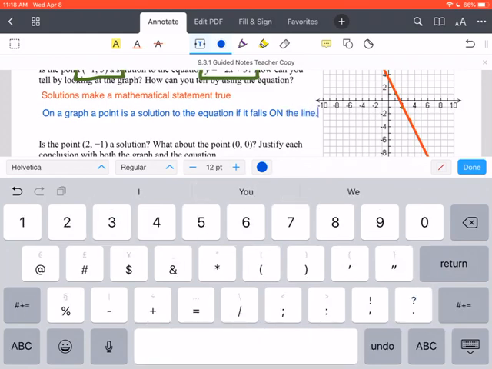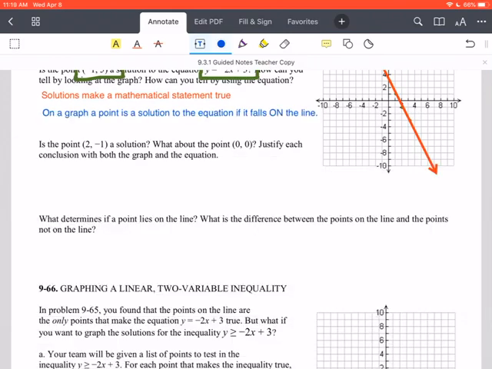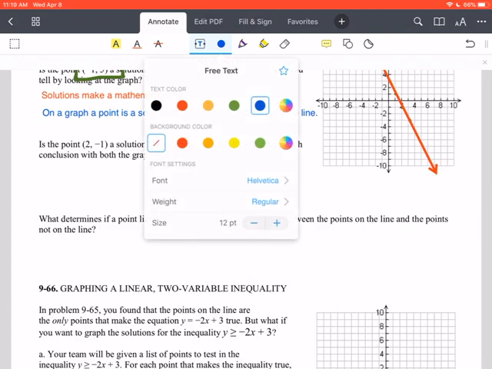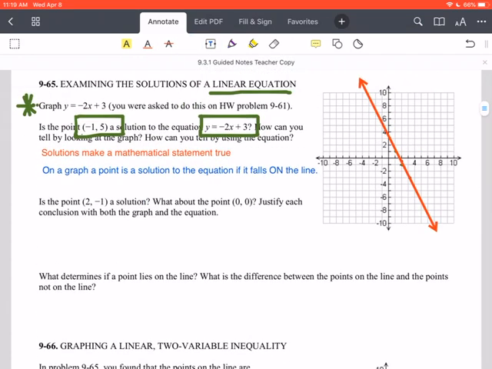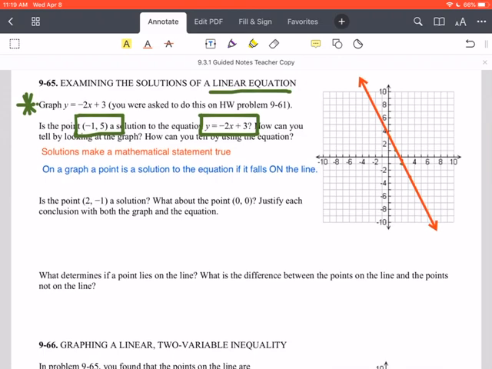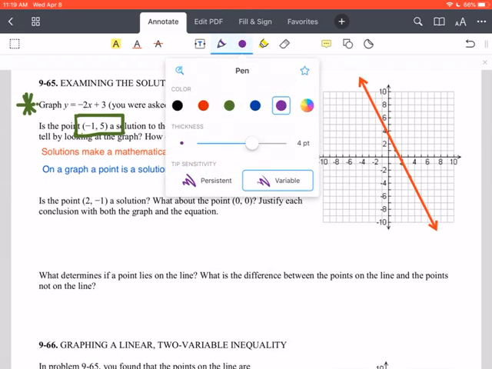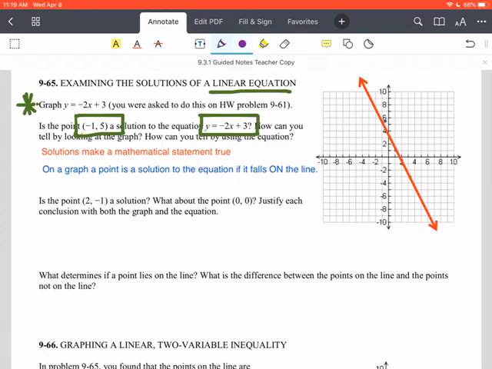So we can see that the point negative 1, 5 is indeed a solution based on the graph. Okay, and you can see my point, it got a little small, but we can regraph that at negative 1, 5. Okay, now how do we tell in the equation?